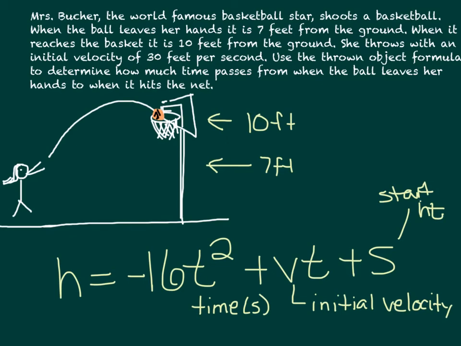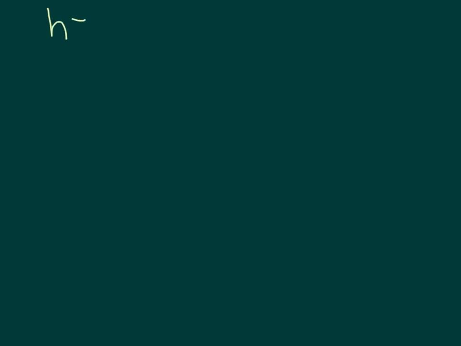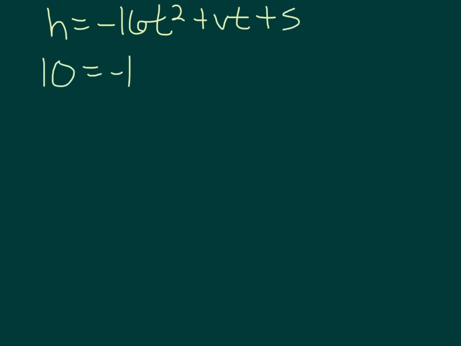So we're going to take a starting height of 7 feet. We're going to take a time that we're solving for with our ending height of 10 feet, and then our initial velocity of 30. And we're going to plug that all in and see what we get. So h equals negative 16t squared plus vt plus s. Our height is 10 feet at the basket. We don't know t, but the initial velocity is 30, and the starting height is 7.